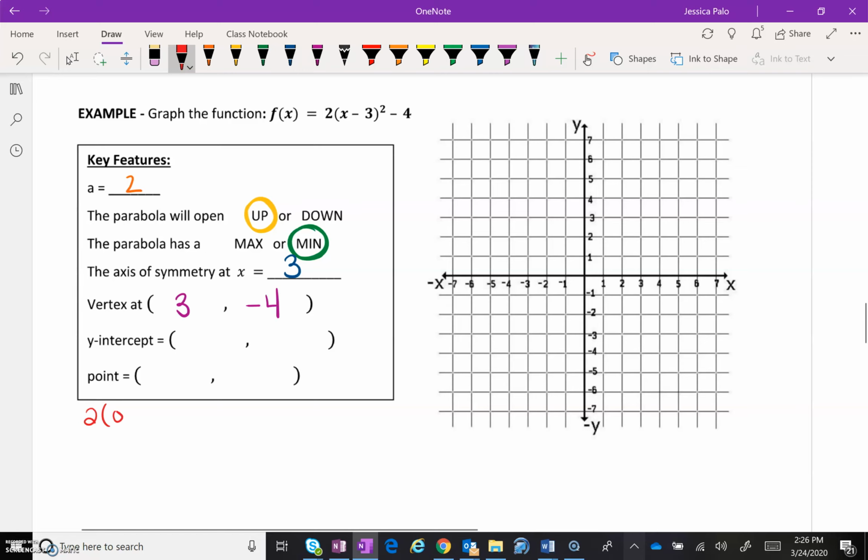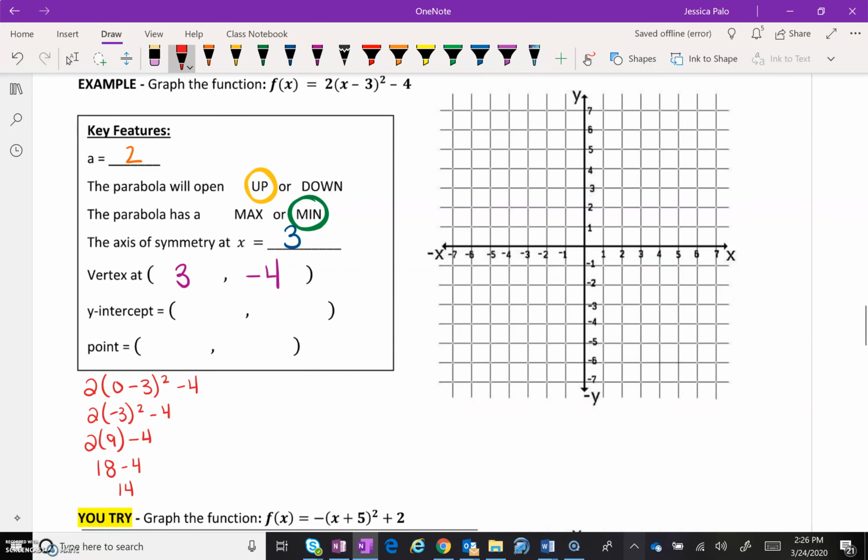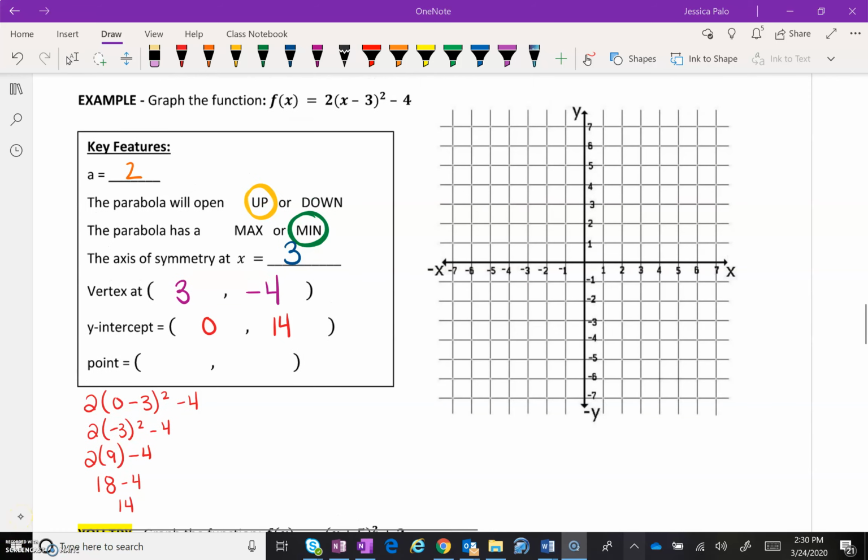So real quick, that'll be 2 times the quantity 0 minus 3 squared minus 4, which would be 2 times negative 3 squared minus 4, 2 times 9 minus 4, 18 minus 4, and 14. So the y-intercept is going to be (0, 14). So that would make our other point (6, 14).